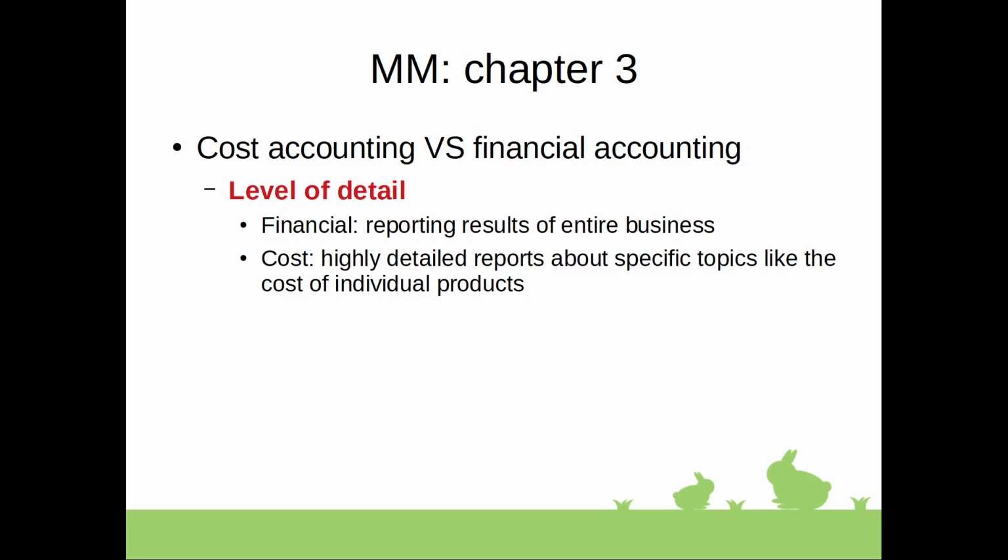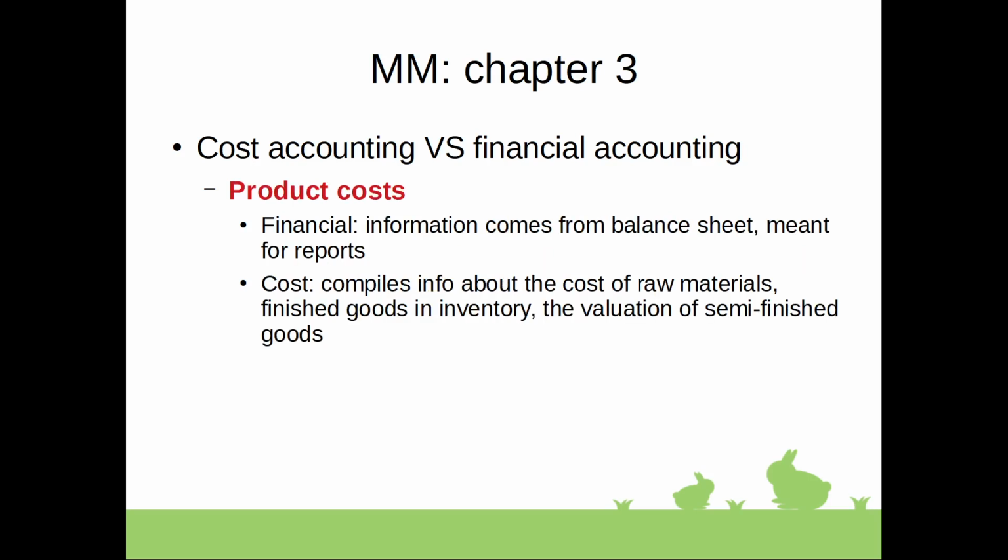It's very important that the company exactly knows what the cost is of a certain product because they eventually need to set a price, and it's important that the price will be higher than the cost of the product in order to generate profit. So the level of detail is insane in this last one.